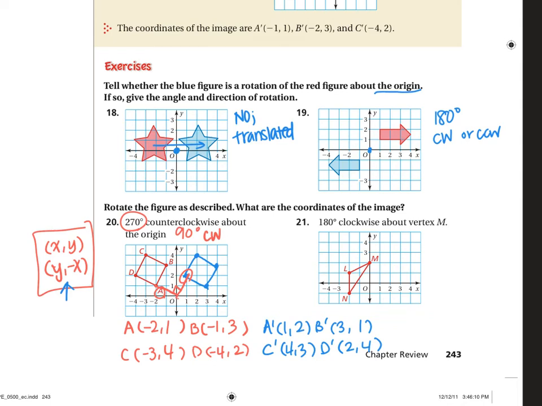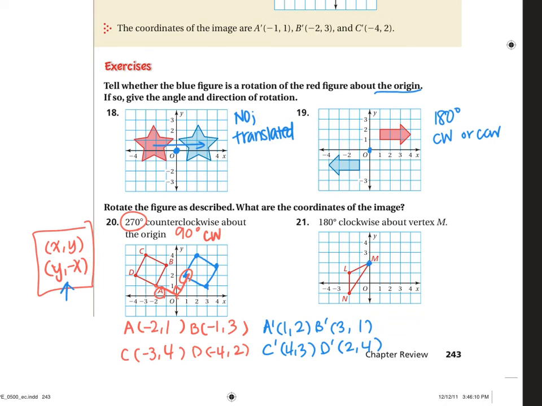I think a lot of people struggle with rotating about a vertex, so I'll go over and do number 21, where you rotate your original figure 180 degrees clockwise about the vertex M. So when it's 180 degrees, it really doesn't matter which direction I go, but I know it's going to land on the opposite side of the shape.